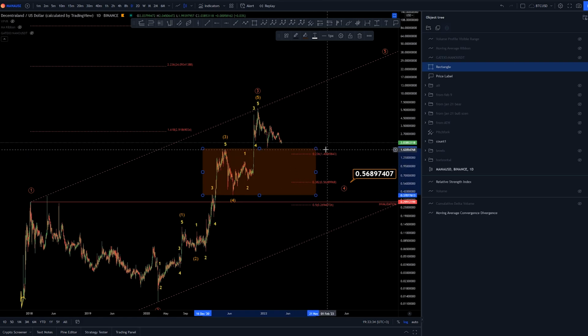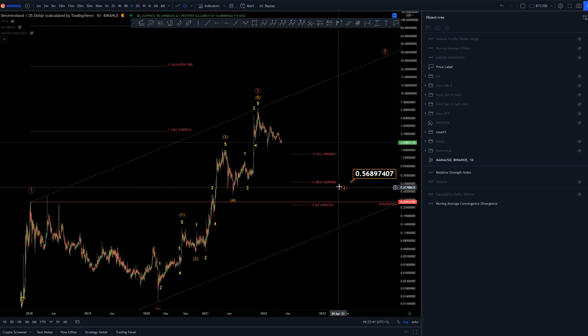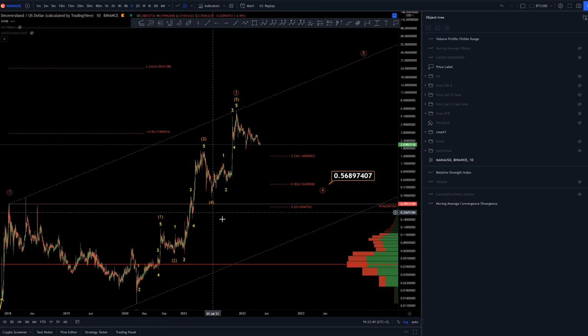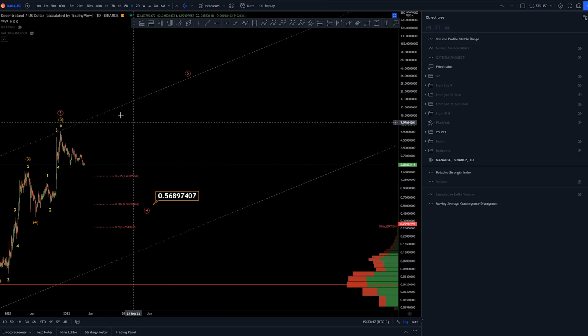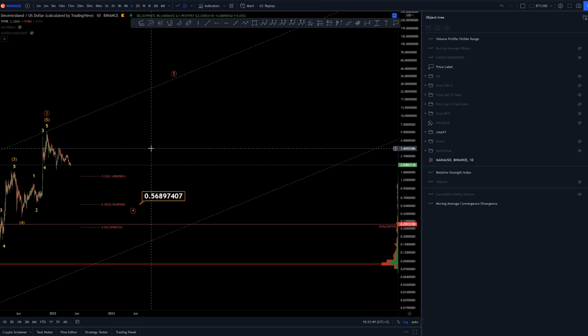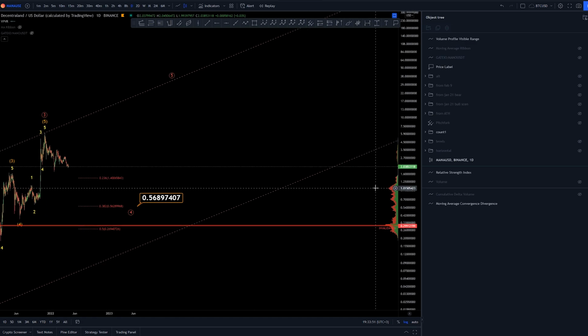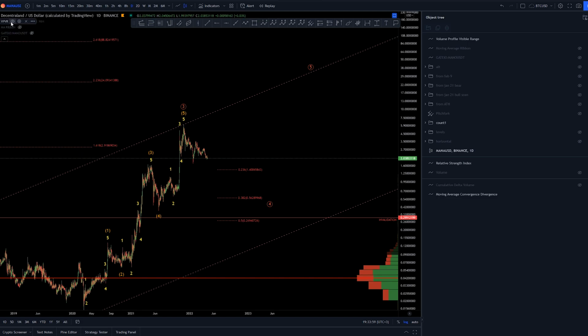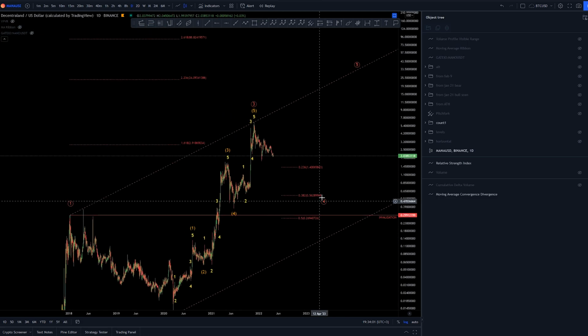So again, that fits the 0.382 or 0.236 as well. Let's check some volume. There's not much volume here. Most of the volume is used down below. Some points of interest here on the volume profile, not too much, but we'll get into that more if we ever come down to these levels.